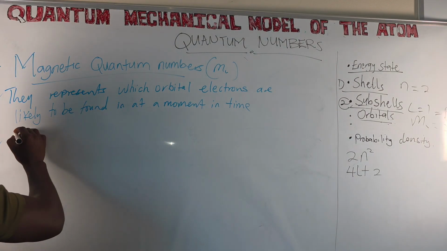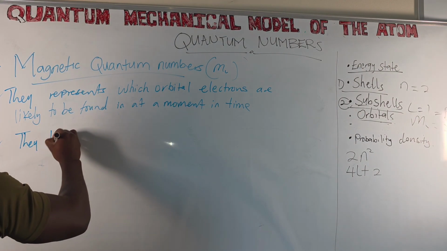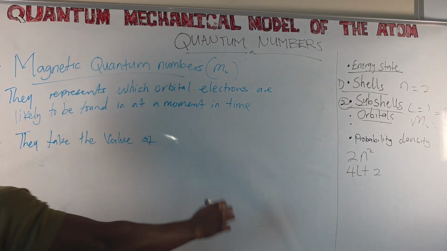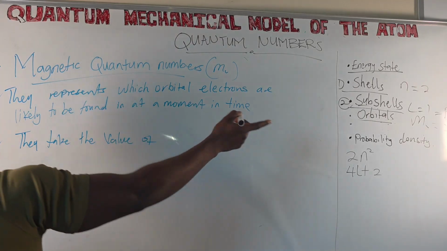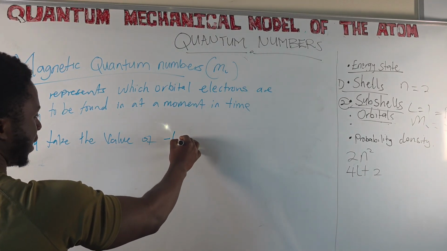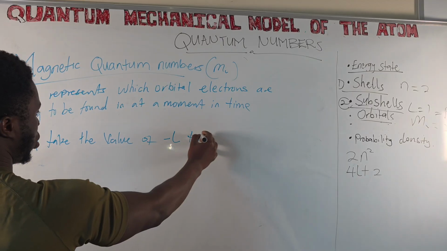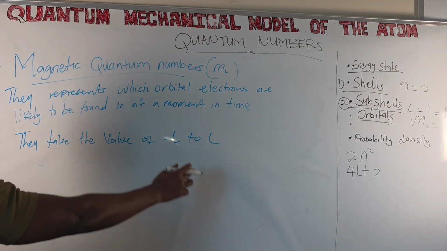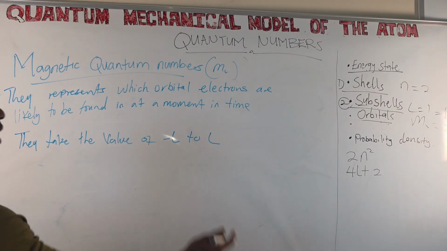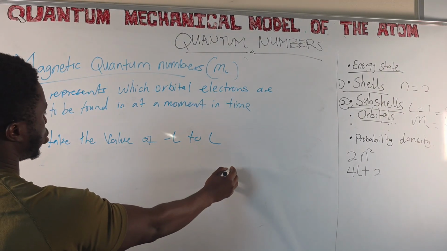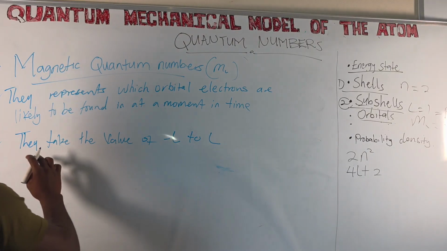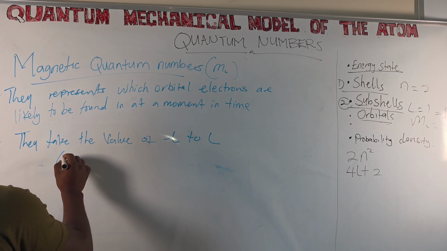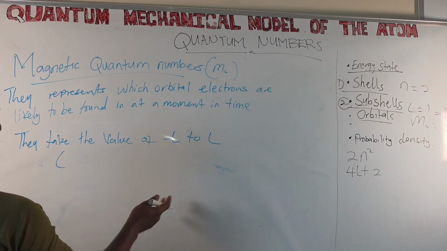What I'm saying is that the azimuthal quantum number is demarcated by L, and the magnetic quantum number takes values from negative L to positive L. For instance, if L equals 2, it's a series of numbers, like a set, from the negative to the positive, like on a number line.